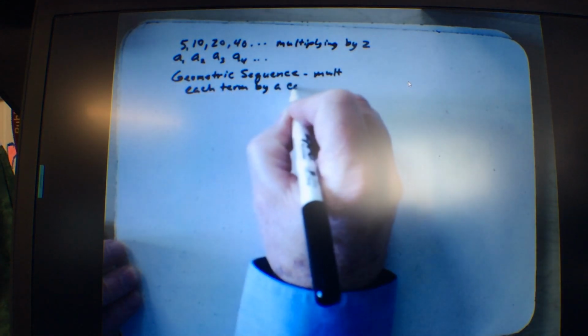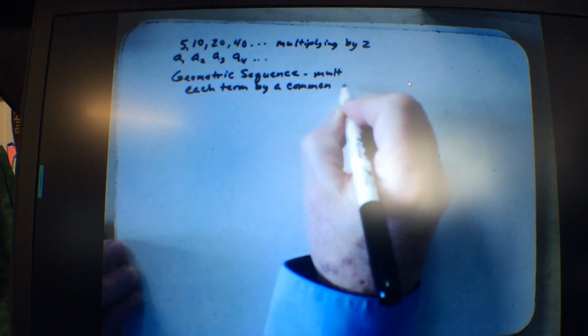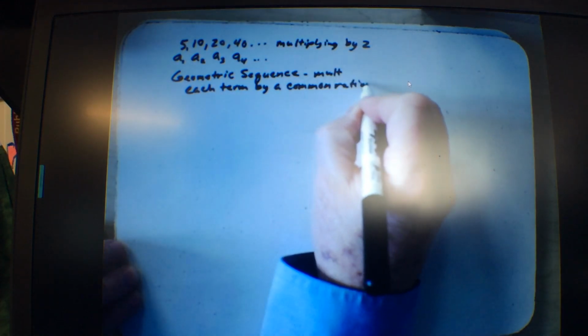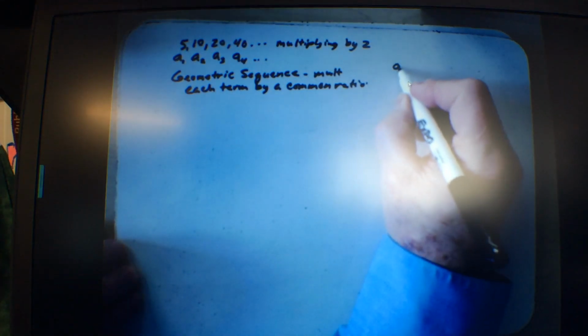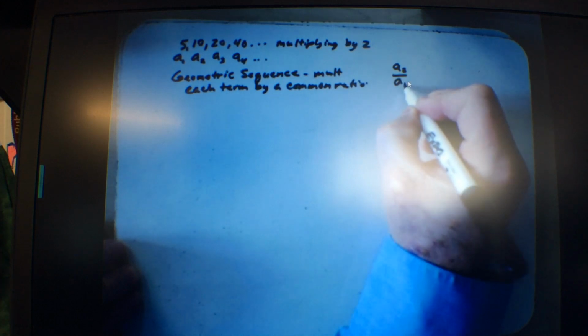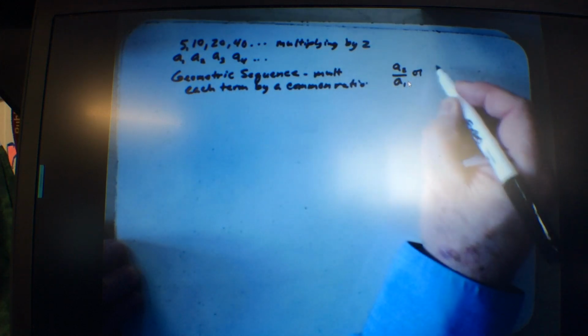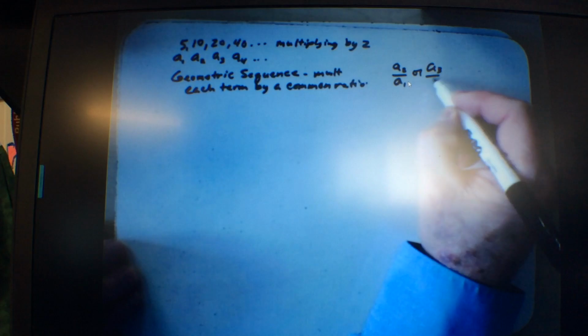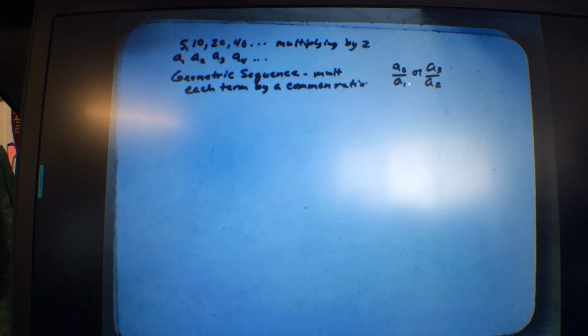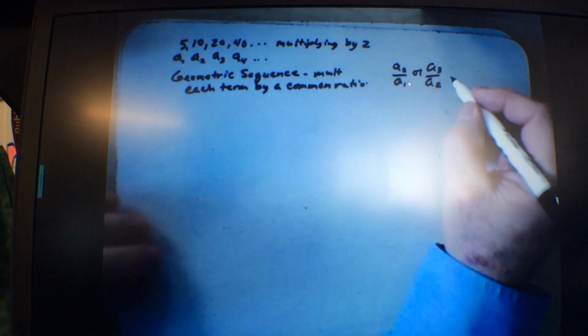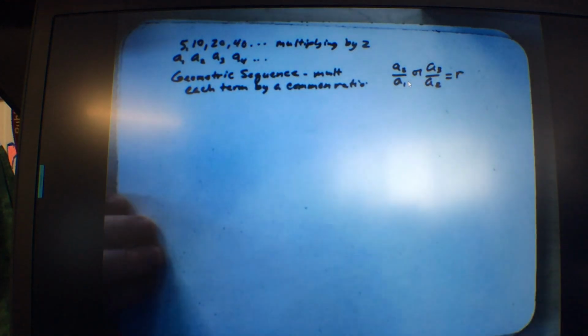Now, you remember arithmetic, it was called a common difference. We get that ratio by taking a sub 2 divided by a sub 1, or you could take a sub 3 divided by a sub 2, or just take the next term divided by the previous term, and that will give us a common ratio, and that is called r, okay?